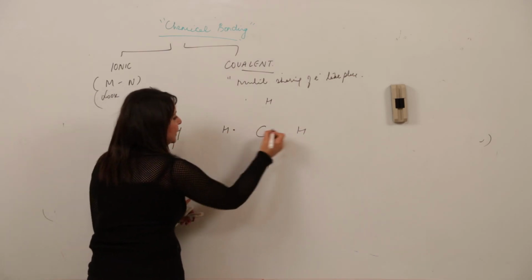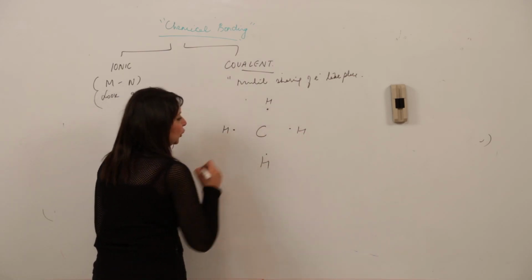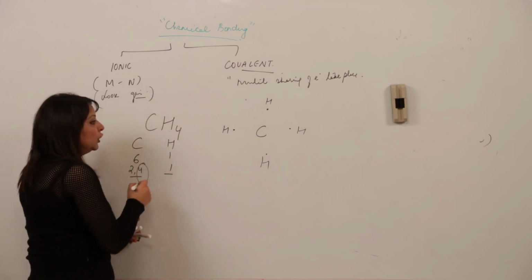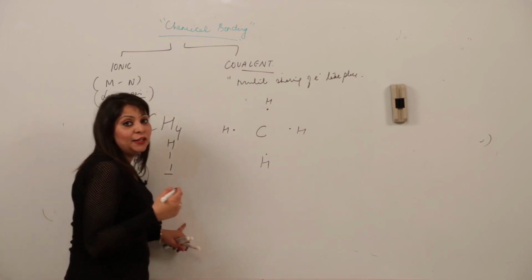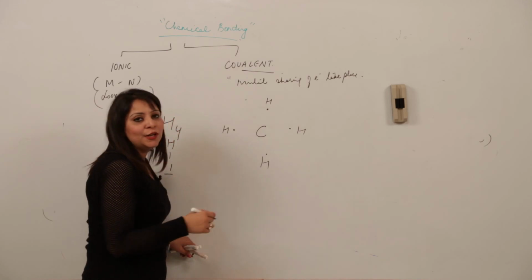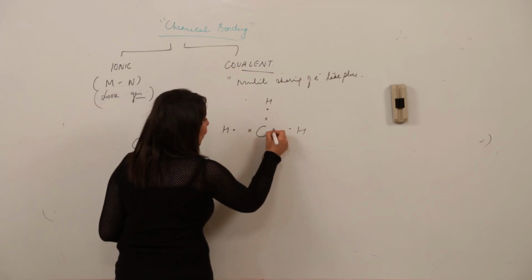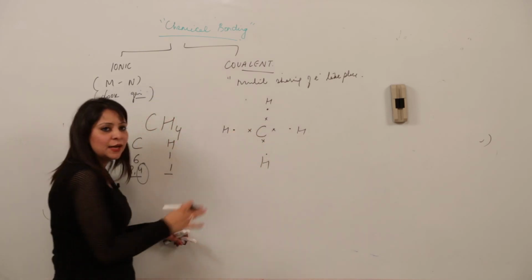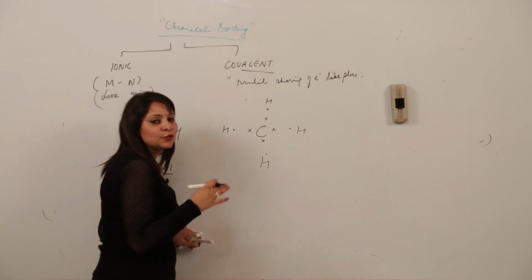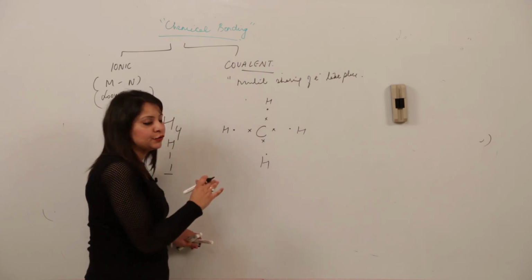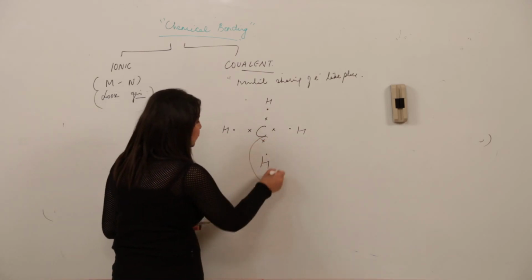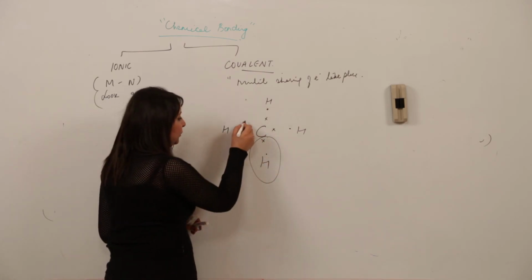Each hydrogen has 1 electron and carbon has 4, but carbon cannot be partial. It has to contribute electrons equally towards all the atoms. So it distributes all electrons like this in the same manner, an equal number of electrons towards all hydrogens. Now this hydrogen will share this electron and get stable. It completes its duplet.